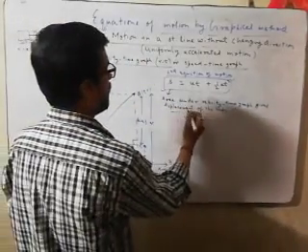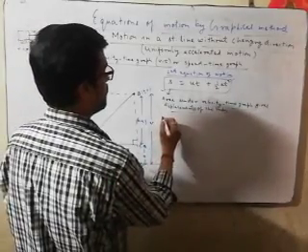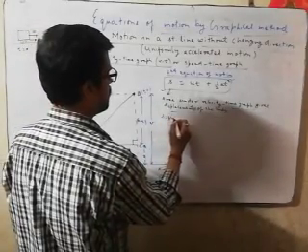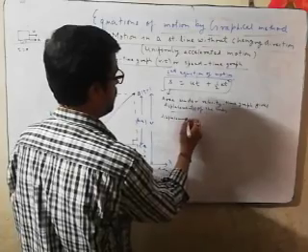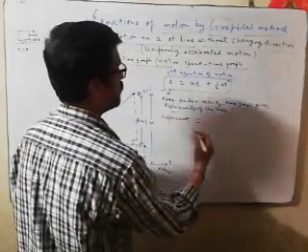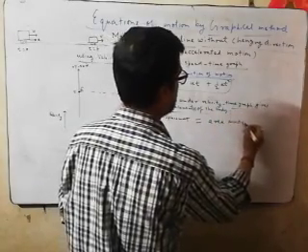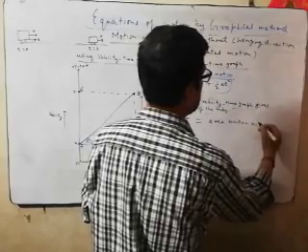Displacement S of the body is equal to the area under the VT graph.